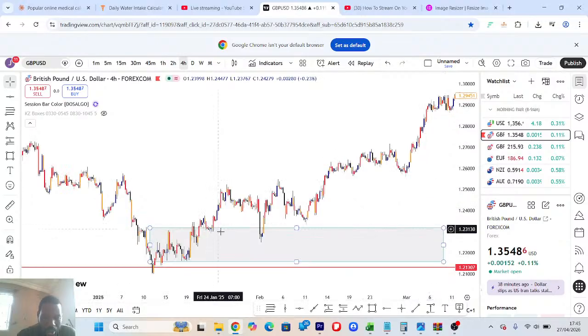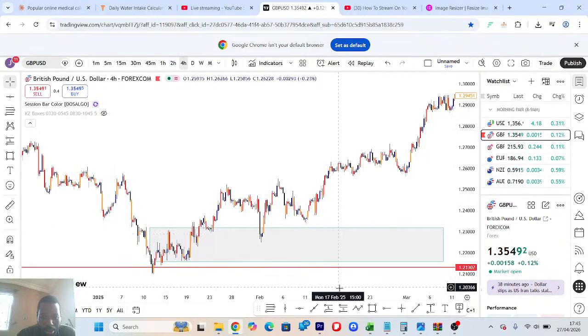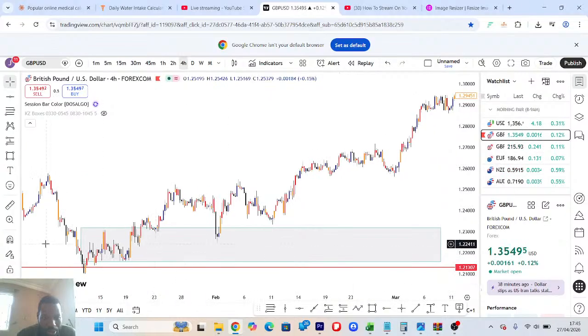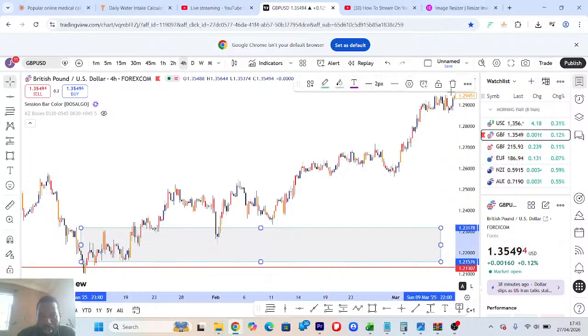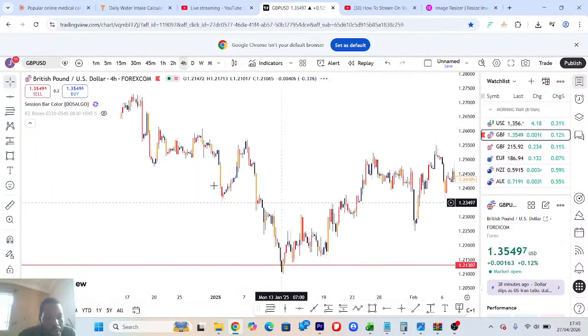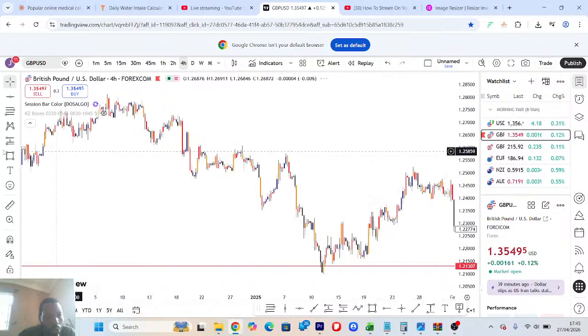Okay, so this is it right here. At that level it seems that market is consolidating. So you just wait, and what's the confirmation? Before, market was creating lower lows.